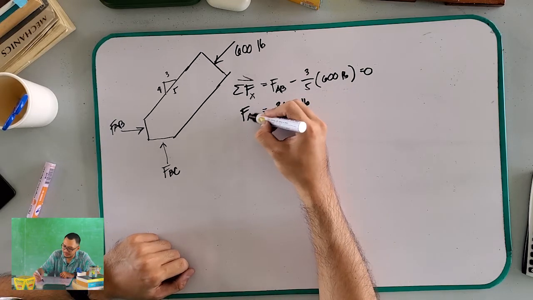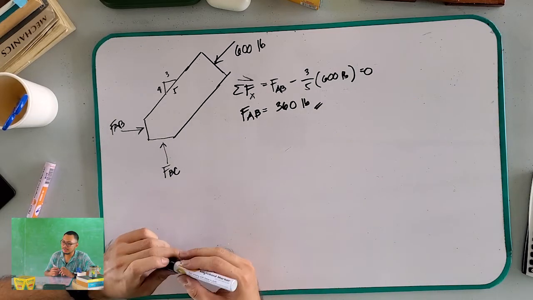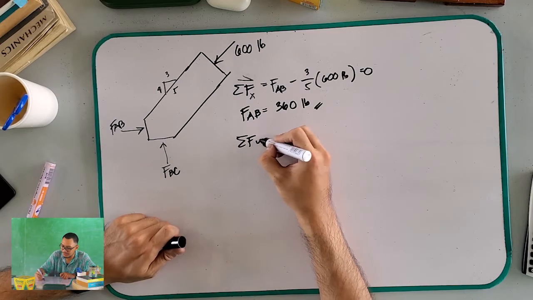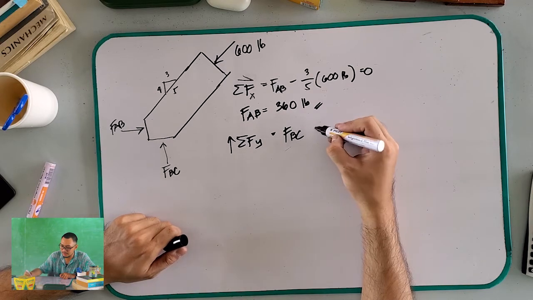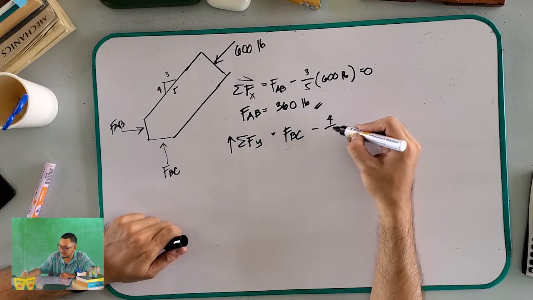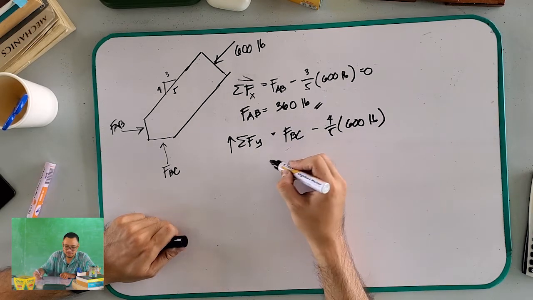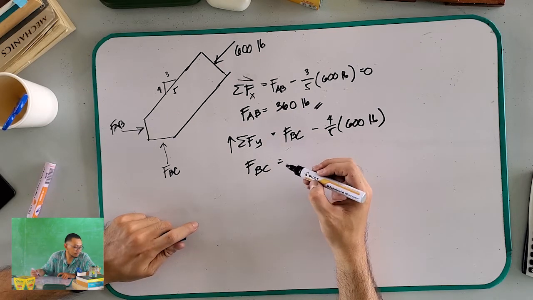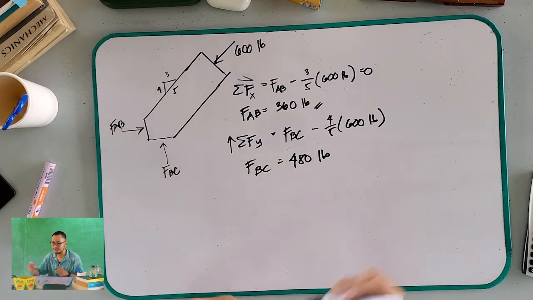Easy breezy. Next, for FBC we use summation of forces along y going up. FBC minus 4/5 of 600 pounds. So our answer for FBC is 480 pounds.